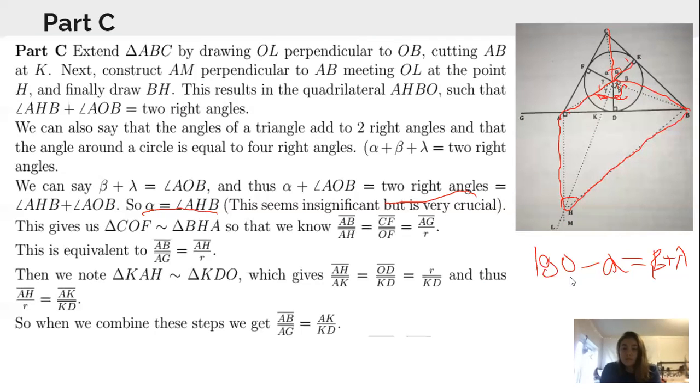He's just saying that these two are congruent. I'm trying to remember how he said it was congruent. I'm blanking. I'm sorry.